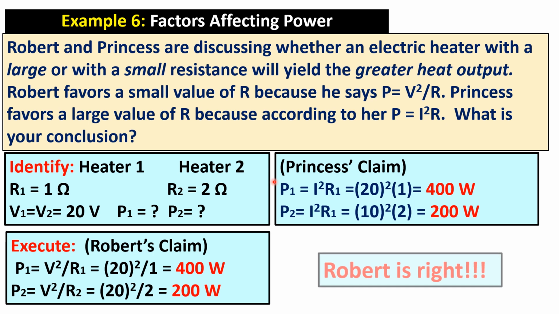You know what the scientific basis can be cited why Robert's claim is correct? It is the fact that both heaters will be connected to the same power supply whose voltage is the same, such as what we use here, 20 volts.